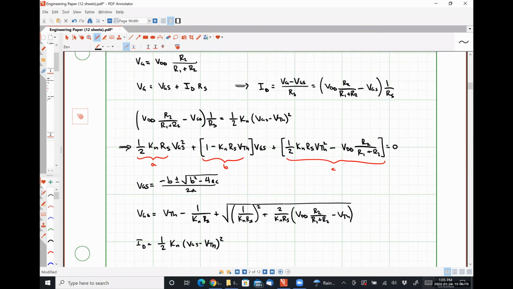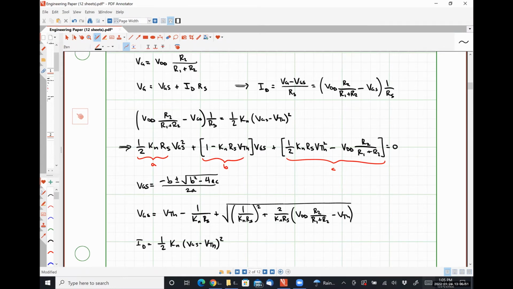What was the second one, Abdullah? Absolutely correct. VDS needs to be greater than or equal to VGS minus VTH for this guy to be operating in the saturation region, okay?